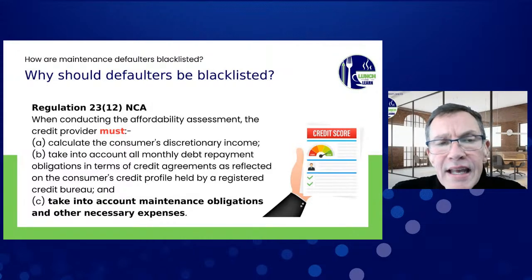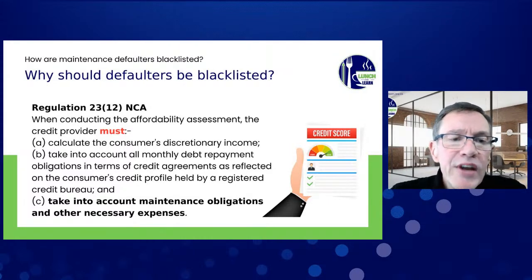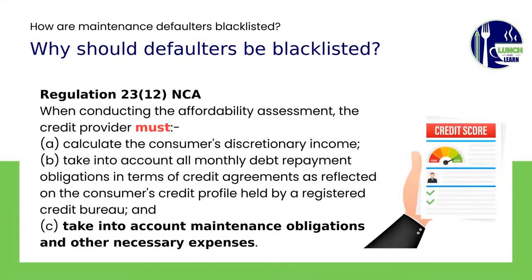Enforcing the whole idea of blacklisting, if one looks at, I spoke to reckless credit, and I'm just going to give you a couple of examples and run through some legislation with regards to that. So the whole idea in terms of Regulation 23(12) of the National Credit Act, once a credit provider does an affordability assessment, that is in order to establish if you can really afford to pay back the loan or the furniture or whatever the case might be.